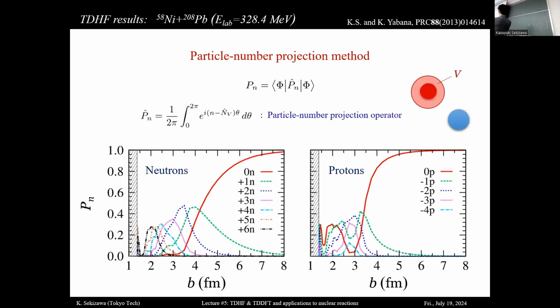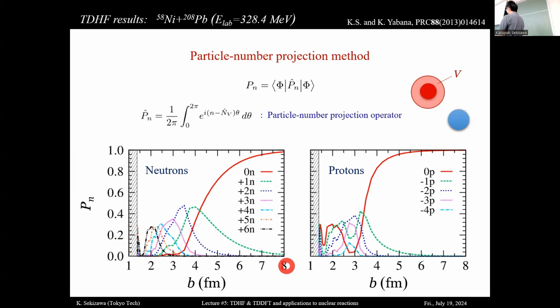So by applying the particle number projection technique, what we can get is the transfer probabilities. This figure shows the transfer probabilities of neutrons and protons as a function of impact parameter. And there are many lines that correspond to different numbers of transferred nucleons.